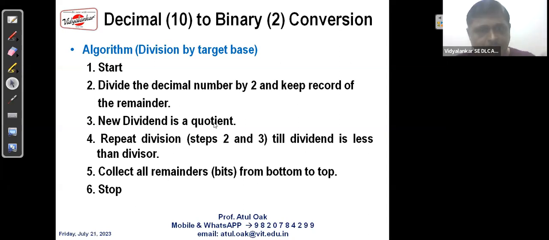So in simple words, you have to repeatedly divide the number by 2: mark remainder, divide quotient, mark remainder, divide quotient, mark remainder, divide quotient, until division is possible. And until when is division possible? As long as the dividend, the numerator, is not less than the divisor, the denominator, because this is an integer.